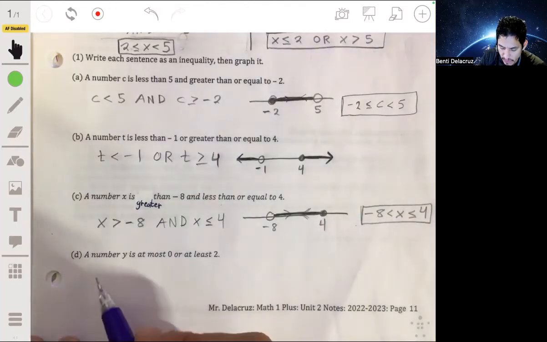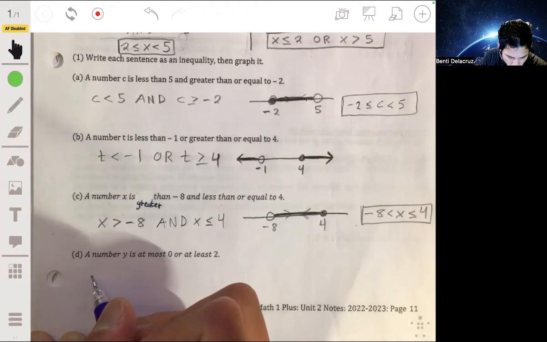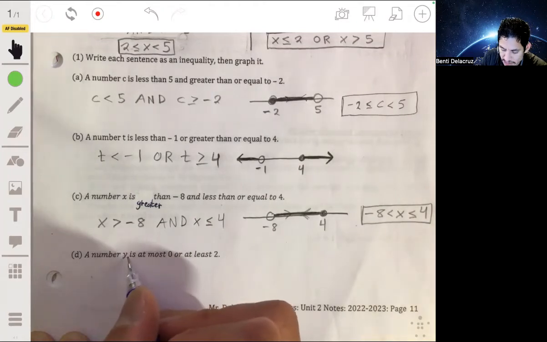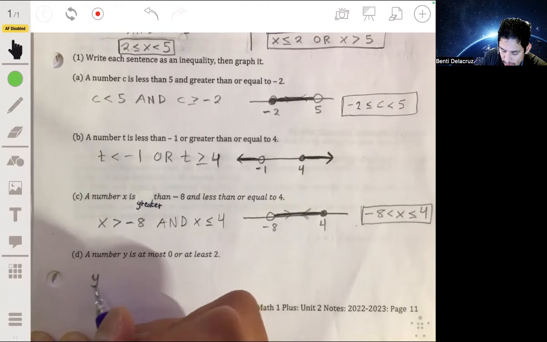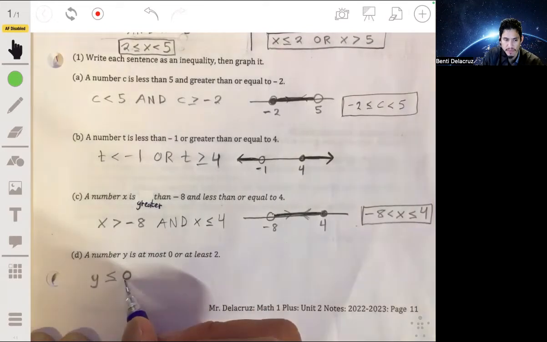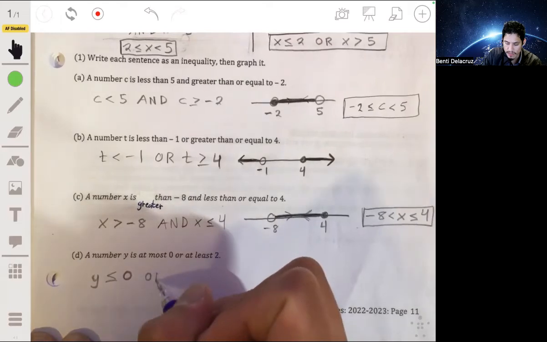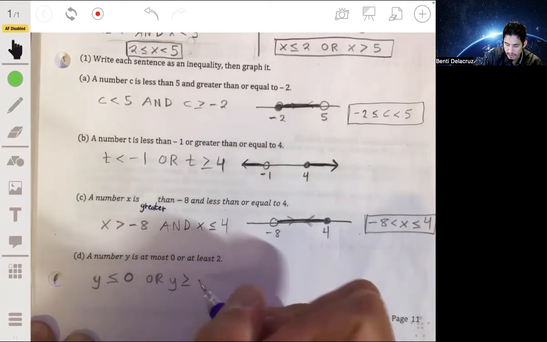And for D, we have a number y is at most 0 or at least 2. So if a number y is at most 0, that's basically saying that it is less than or equal to 0, because 0 is the highest value it could be. Or if it's at least 2, we would say y is greater than or equal to 2.